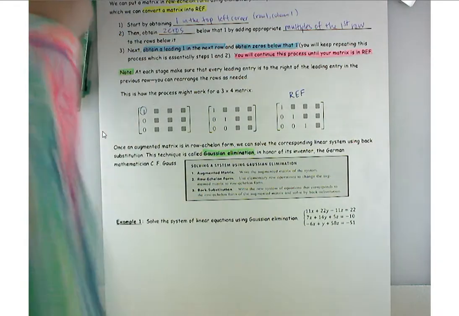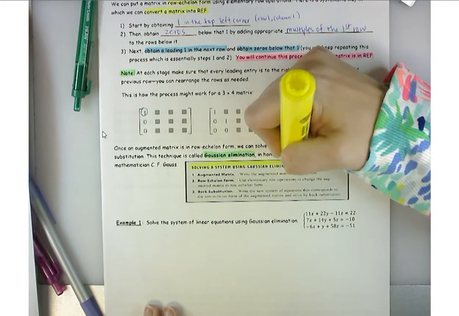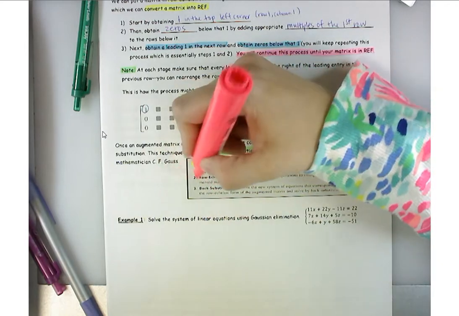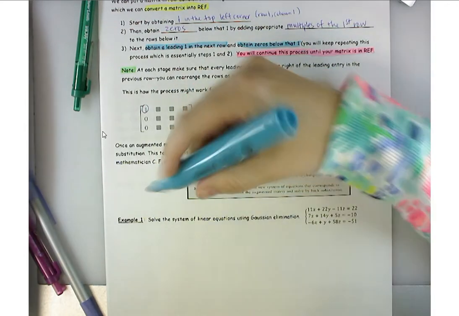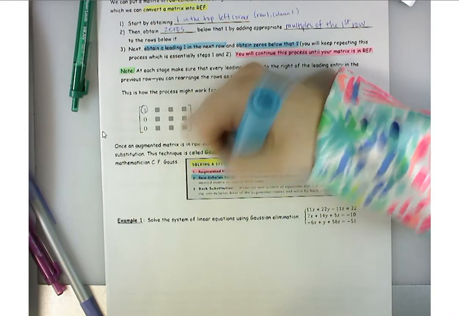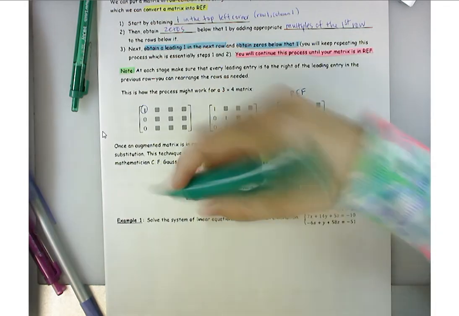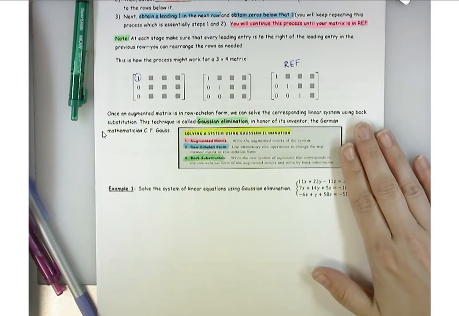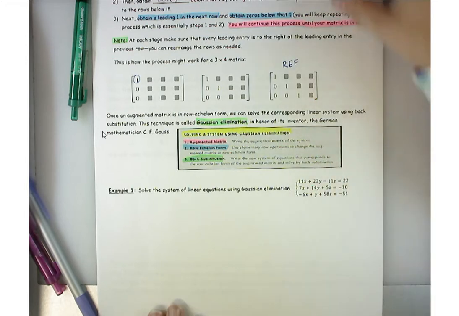Okay, so if you're solving with Gaussian elimination, and you might have noticed that on your directions, and then hopefully you just kept going with what we did. So your first step is to put it in an augmented matrix. Your second step was put it in row echelon form, which is what we did. We just didn't know that's what it was called. And then our last thing would be to use back substitution, which is exactly what you guys did yesterday, right? Yep. Augmented matrix, and then you just didn't know it was in row echelon form, but it was, and then you're using back substitution.